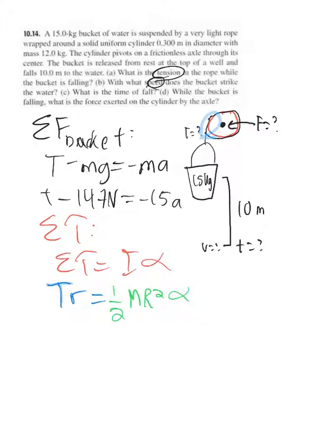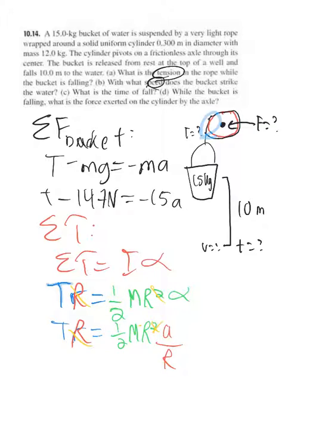Okay. And whenever we put those together, we have an A up there. And that A is going to be really well served if we make it A over R. So we're going to replace that with TR equals 1/2 mr squared. And we'll replace this with A over R. Remember, this R is going to be this R. So one of these nicely divides out from both sides.